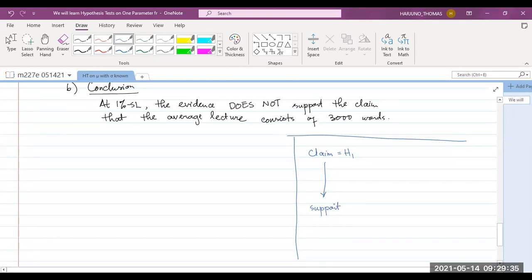If the claim is the null hypothesis, then we will try to reject.